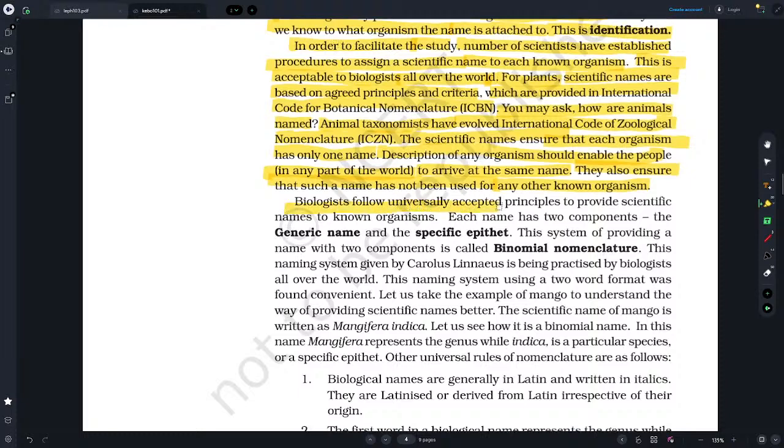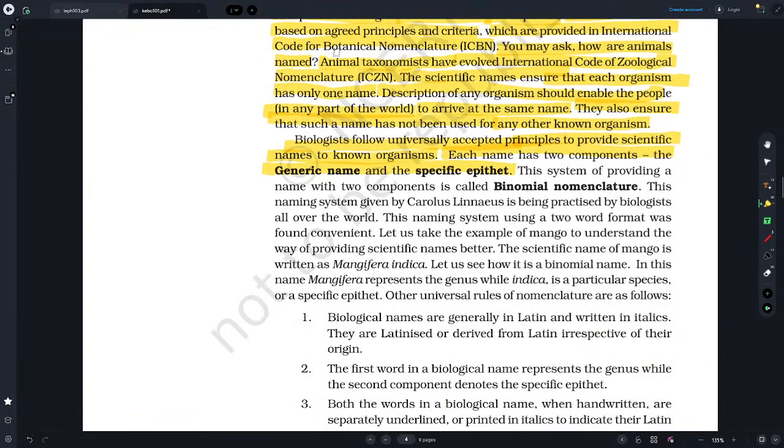Biologists follow universally accepted principles to provide scientific names to known organisms. Each name has two components, the generic name and the specific epithet, the generic name being the genus name and the specific epithet being the species name. This system of providing a name with two components, or two terms, is what we call binomial nomenclature.